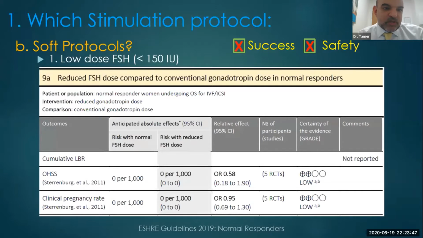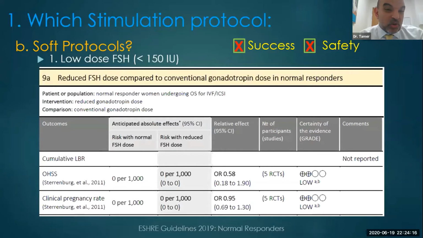Talking about safety and pursuing the point which has just been raised in the previous discussion, should we aim to be safer and try to adopt other techniques for safety? Should we go lower and lower with the dose and use mild protocols or soft protocols, decrease the FSH or the dose of whatever stimulant you are using to less than 150 units, for example 100 units, maybe that's still safer?